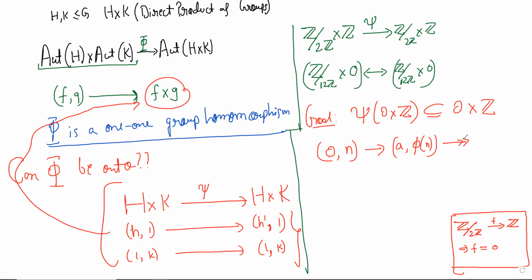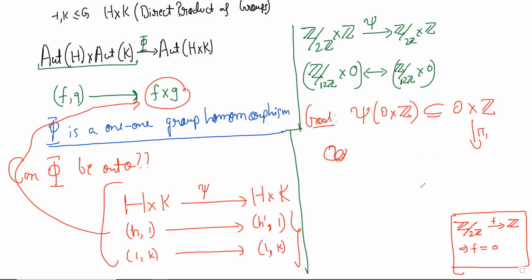Yeah, that kind of thing can always happen, right? But this cannot happen, because if this happens, then you have a map, basically. You have to project it onto the first coordinate.